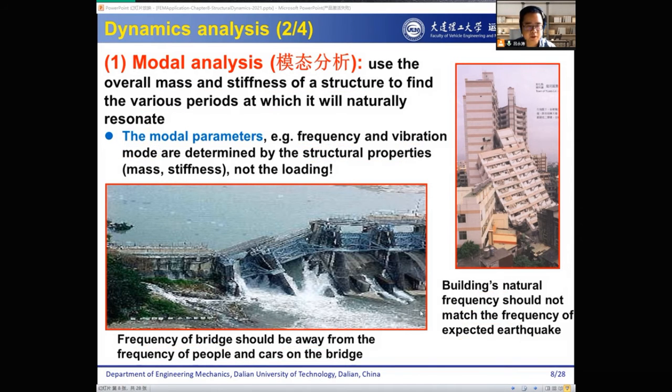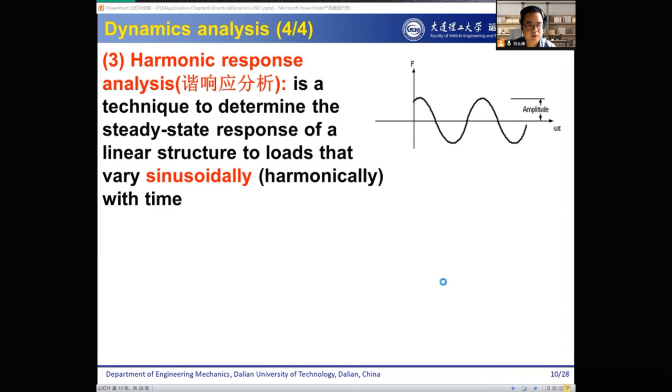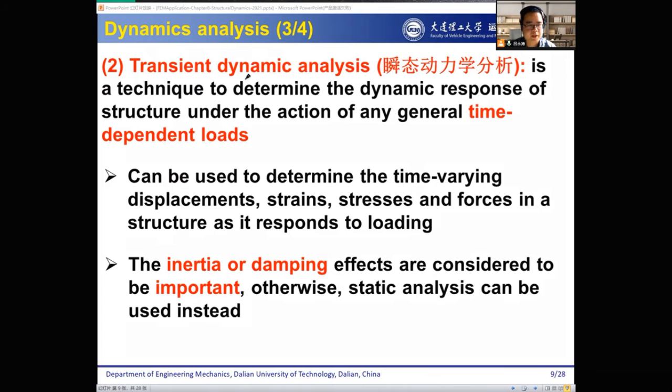This is a very important aspect. So the second is the transient dynamic analysis. The transient dynamic analysis is a technique to determine the dynamic response of the structure under the action of any general time-dependent loads. The last sentence is the key sentence: to determine the dynamic response of the structure under time-dependent loads.